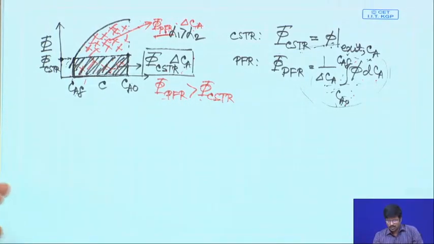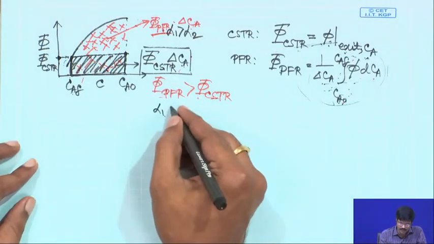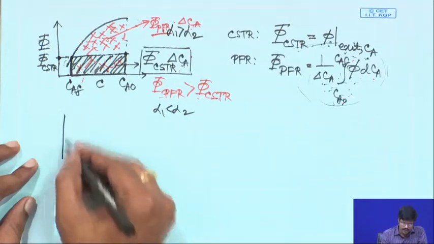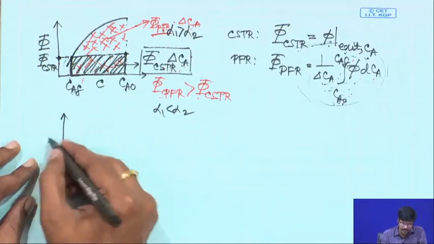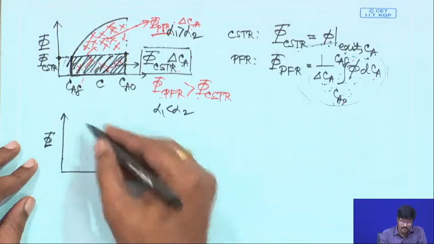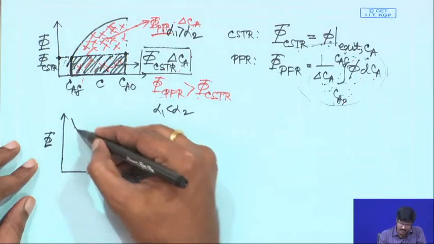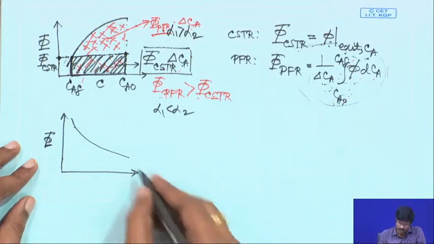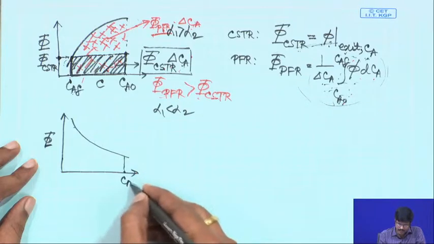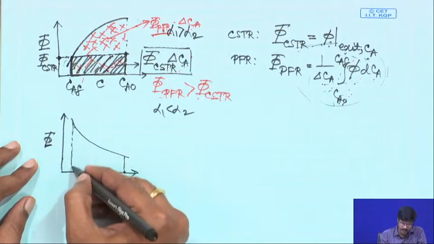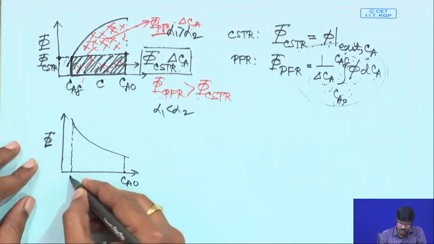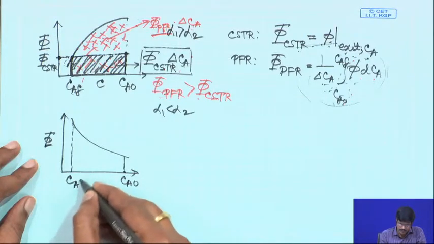Now, what happens if alpha 1 is less than alpha 2? Then as a function of concentration, your selective yield will be something like this. Say here you have CA0 and here you have CAF.